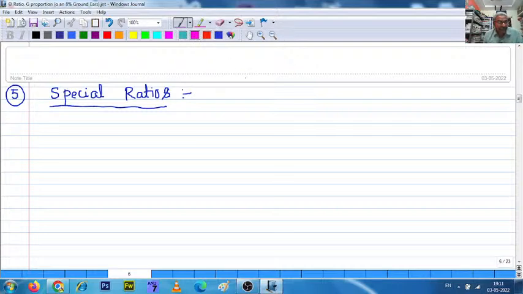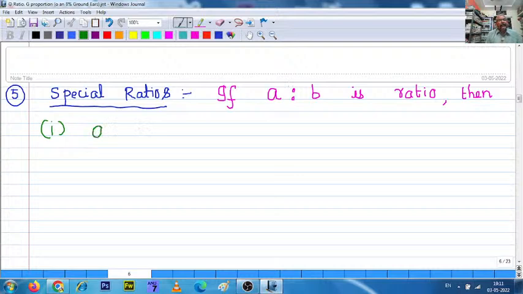Let us consider, for example, that A is to B is a ratio. In the first point, if you square the first term and second term, you get a new ratio, that is A square is to B square. Then what do we call this?